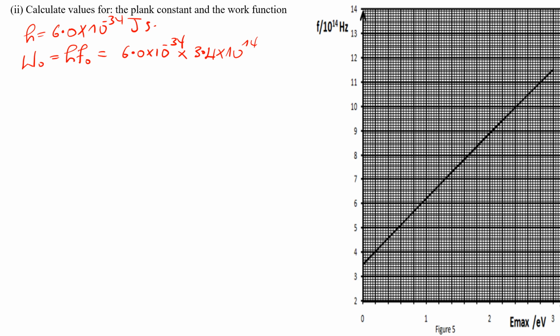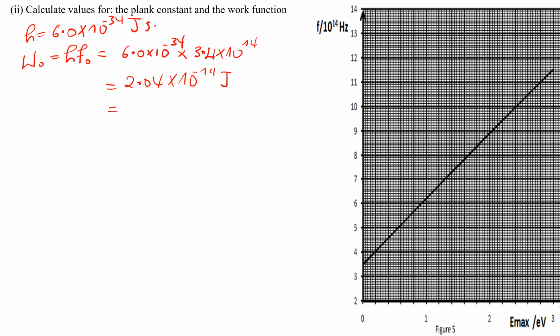So that will be 6 times 3.4 times 10 to the negative 20. So it gives us 2.04 times 10 to the negative 19 joules, and this is equal to, in electron volts, we are going to divide that by 1.6 times 10 to the negative 19.